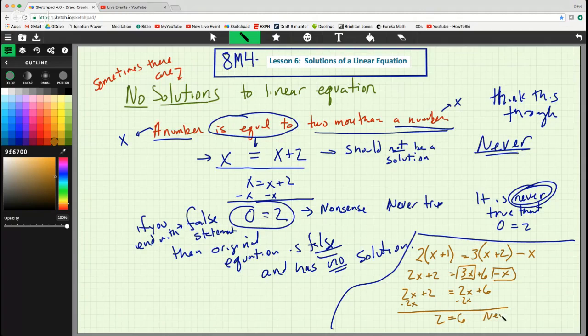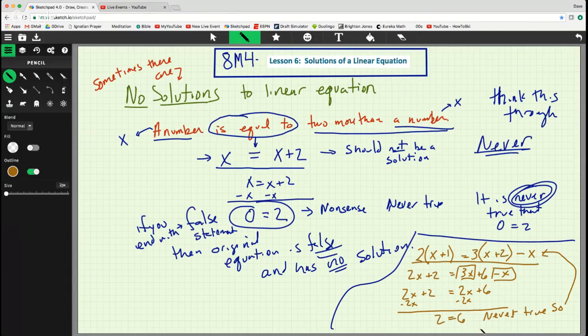Well, this is never true. So this original equation has no solutions.